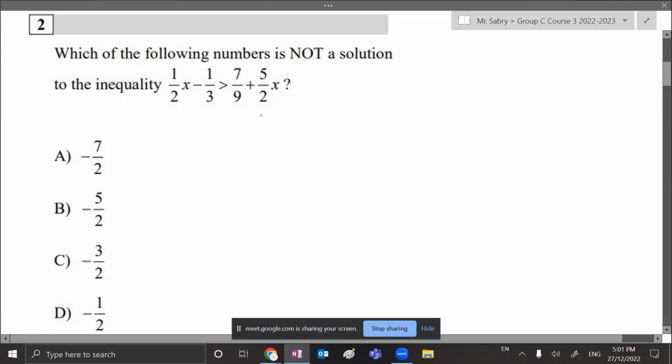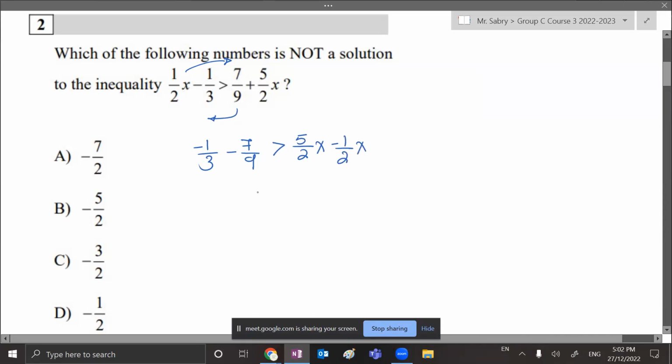In order to do that, I should put the x's on one side and the numbers on the other side. So here's what I'm going to do. I'm going to move this half x to the other side next to the 5 over 2x. And I'm going to move the 7 over 9 to this side next to the negative 1 over 3. So I'll have here negative 1 over 3 minus 7 over 9 bigger than 5 over 2x, and then the half went to the other side as negative half x.